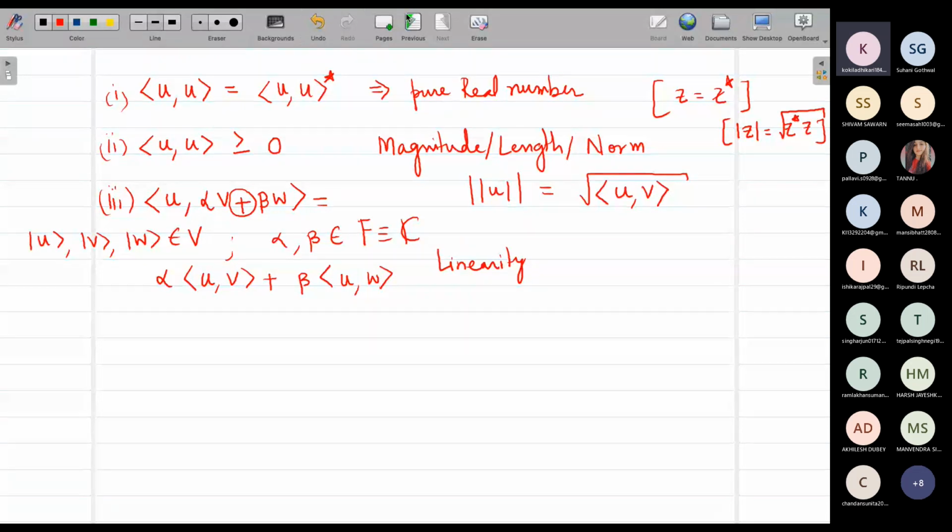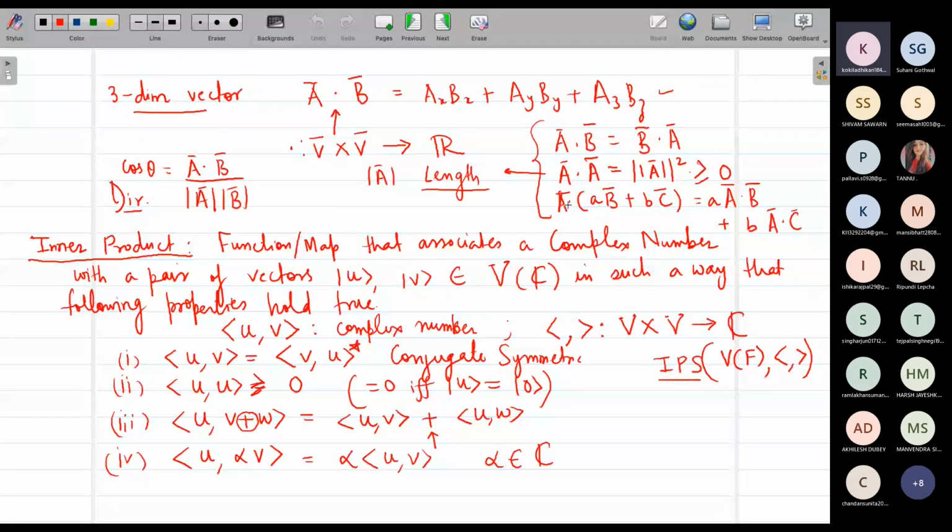Let's look at our previous property, the three-dimensional vector: A dot b plus c. This comes naturally to you, that you write A dot b plus A dot c. This is what is called linearity with respect to vector addition.